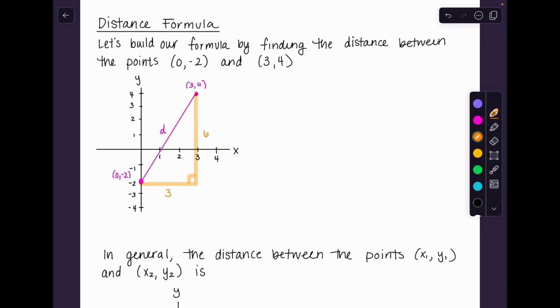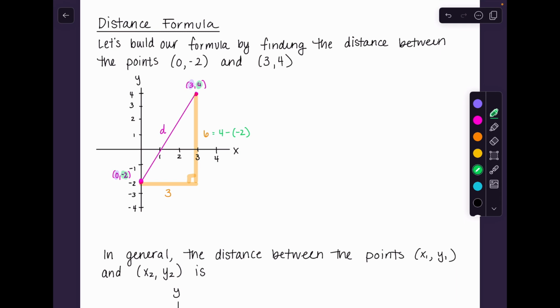What I can actually do is dissect this even further, because if you look at these 2 y values, it's really just the difference between them. This is one y value minus the other. And then likewise, if I look at the difference in the x values, that's exactly the distance I'm running across.